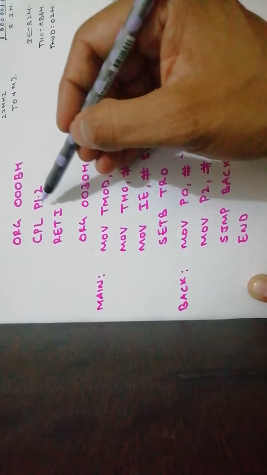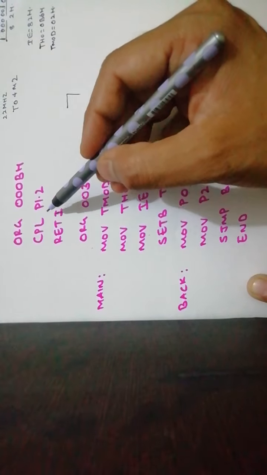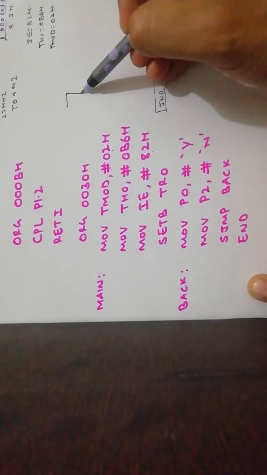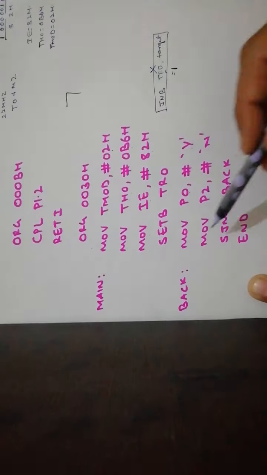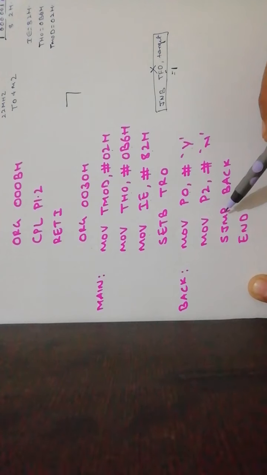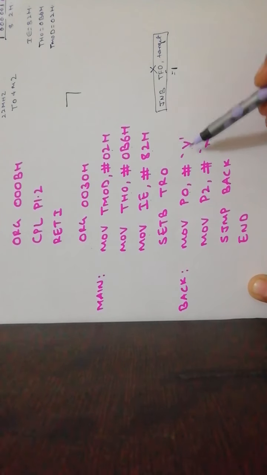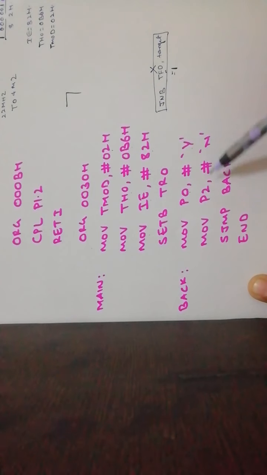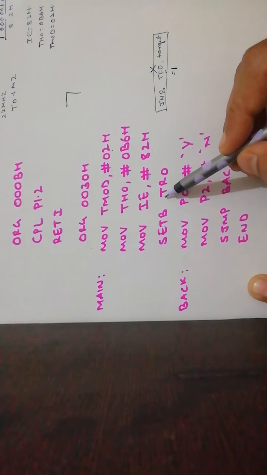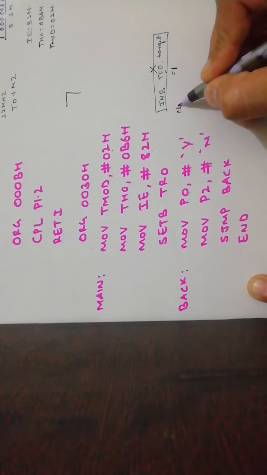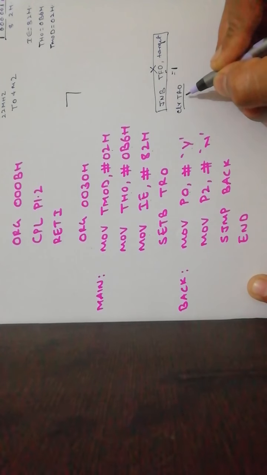So it will execute this. In this program it will just complement P1.2, then RETI, it will come back here, SJMP back. Where is this back? Back is here. Again it will display Y at P0 and N at P2. Once the timer has been started, I am not writing CLR TR0, which means stopping the timer.